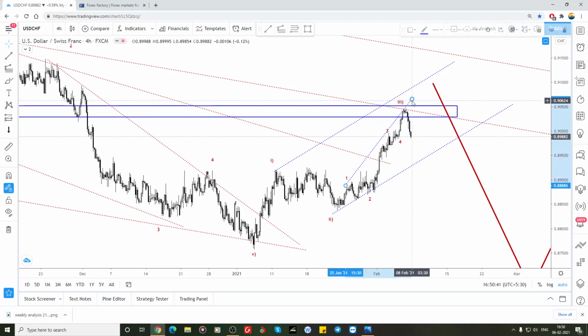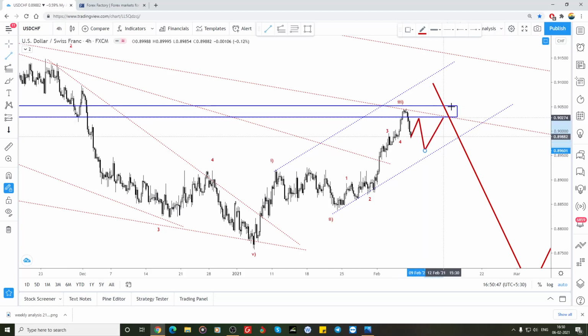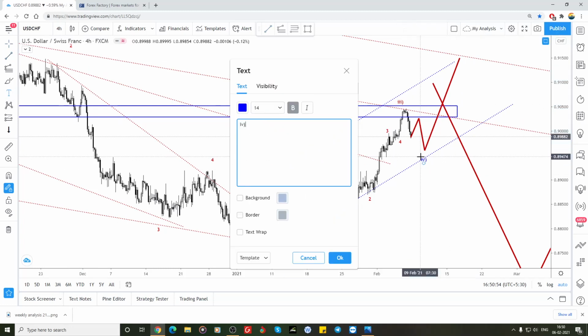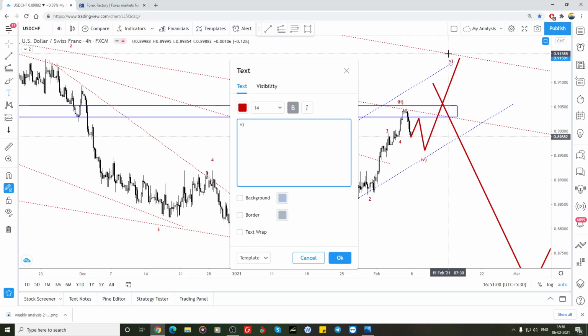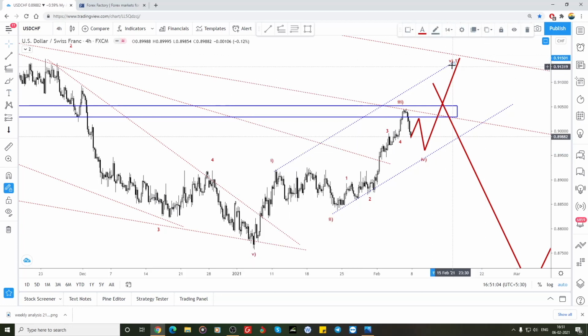We'll remove this. It can do like this, and again it can go back. So at that time this is the fourth wave, and this could be the fifth wave of 1.